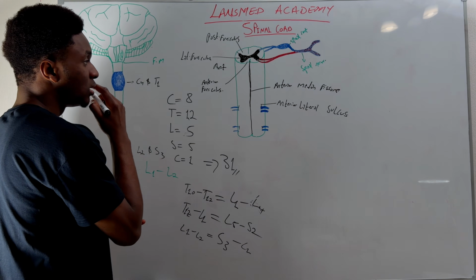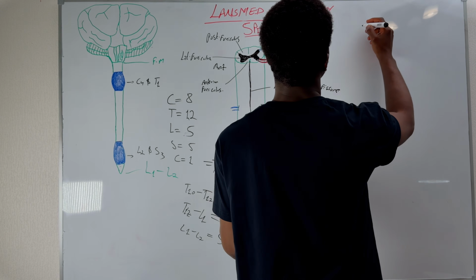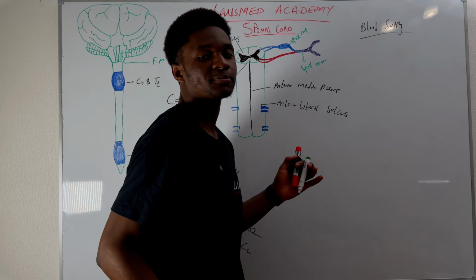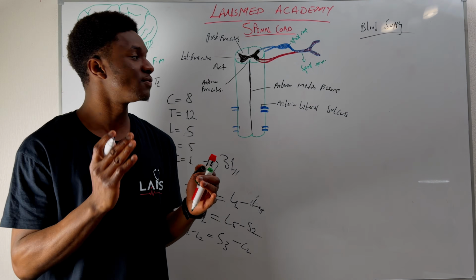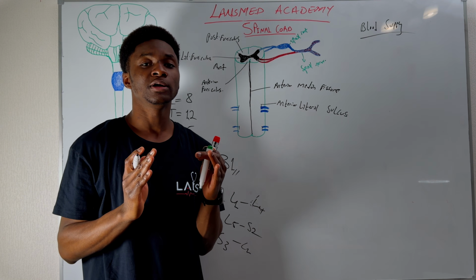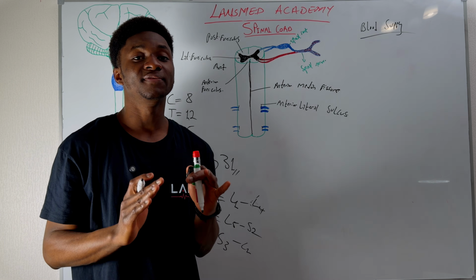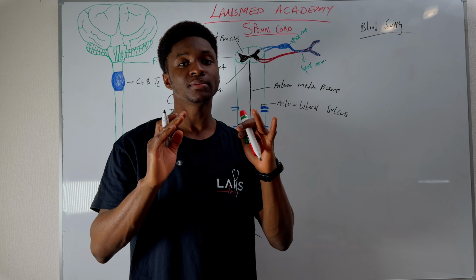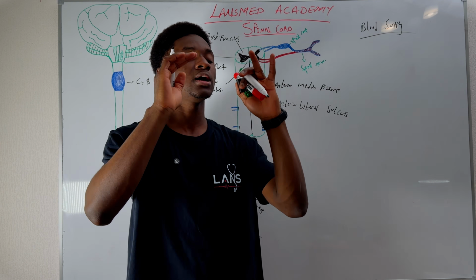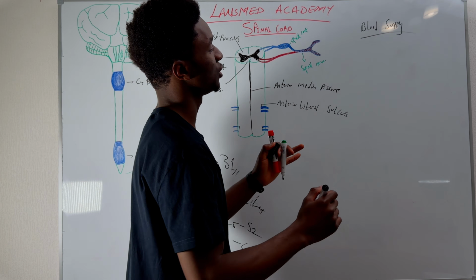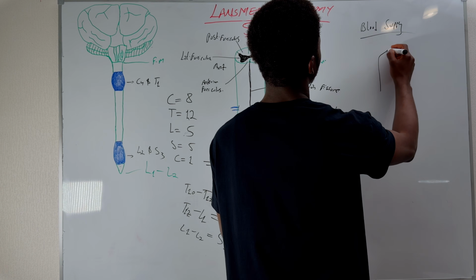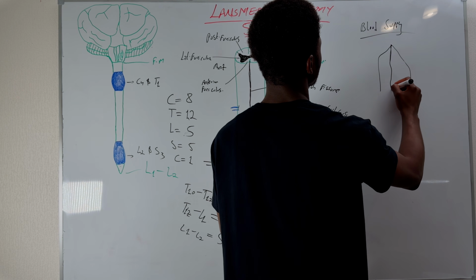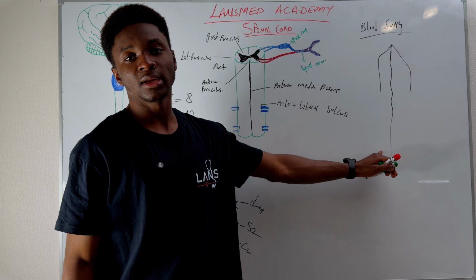And so now, let's look at the blood supply of the spinal cord. The blood supply of the spinal cord is majorly provided by the vertebral artery. Just before the vertebral arteries come together to give rise to the basilar artery, the vertebral artery will give rise to the anterior spinal artery.